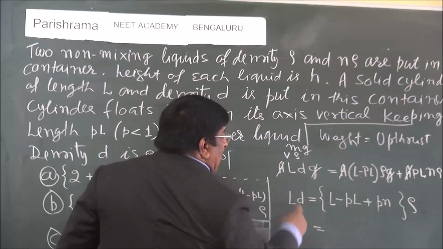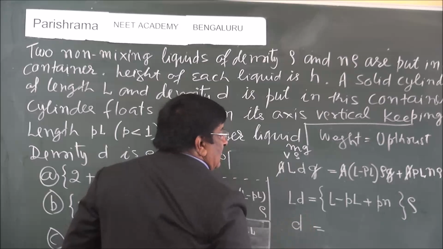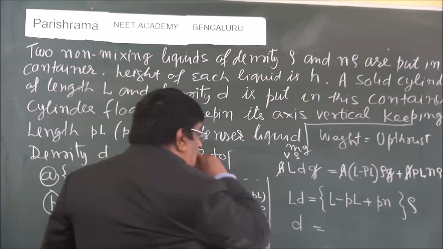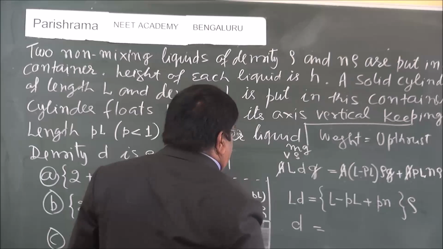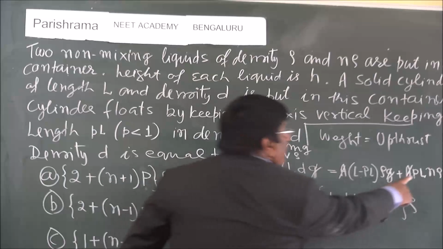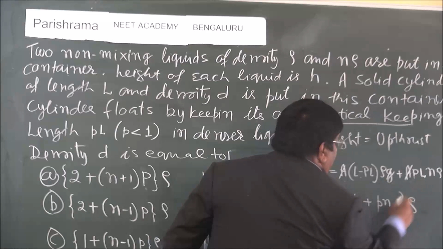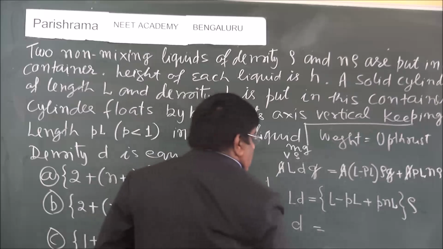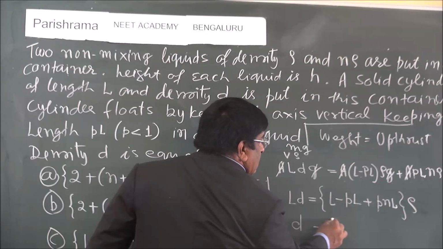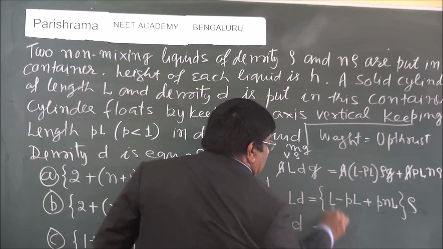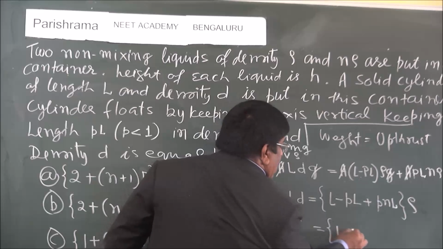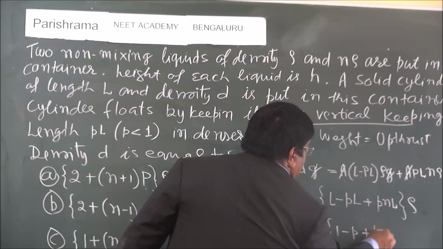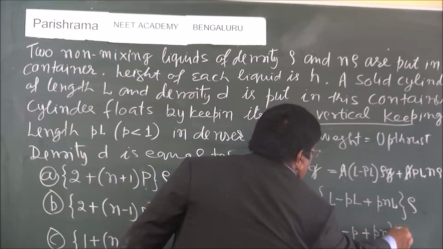Divide both sides with L. D, divide with L. P into N into L over L. So what we get here is 1 minus P plus P into N rho.